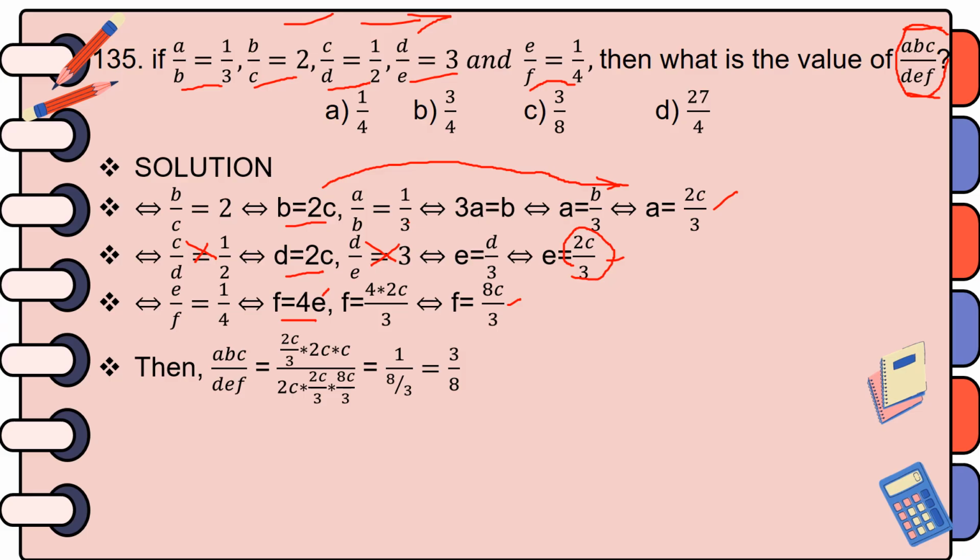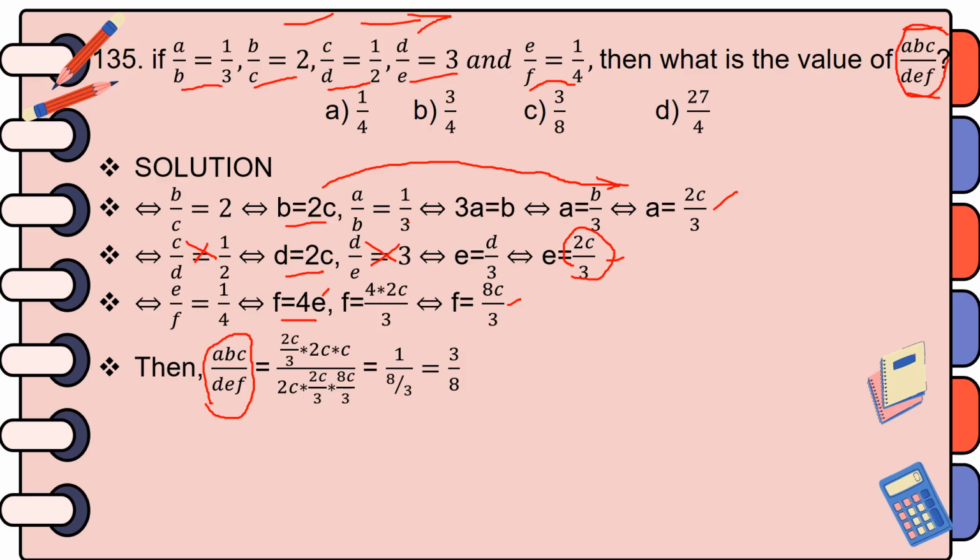Now we have this expression, A, B, C over D, E, F. Now we have the value of A in terms of C. A means 2C over 3, and B means 2C, and D means 2C, E means 2C over 3, and F means 8C over 3.